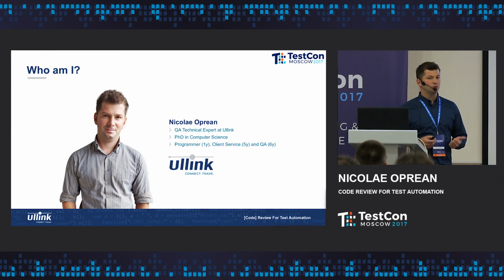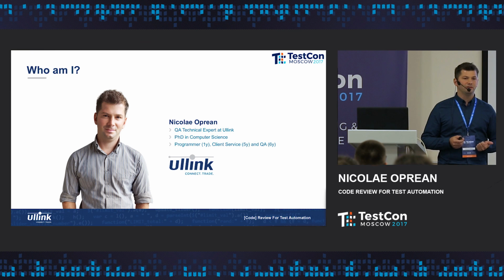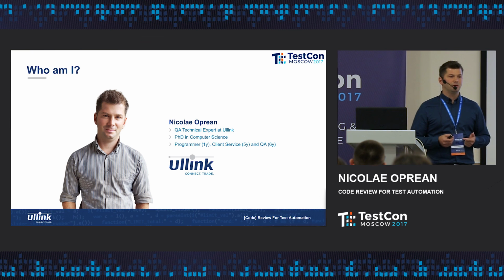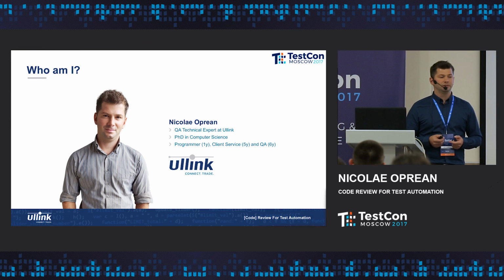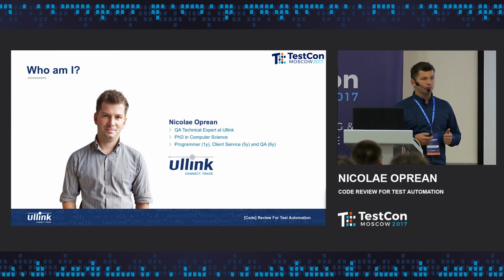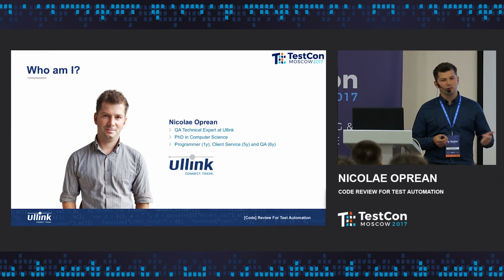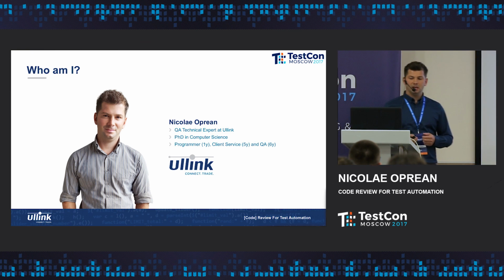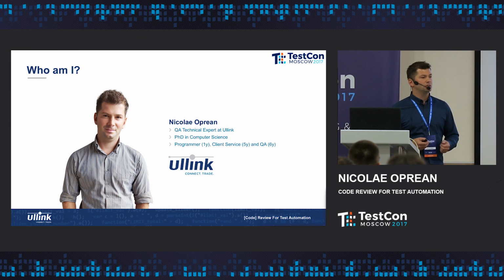Because you are doing also programming if you are involved in the automation. You are doing also client service if you are involved in validating client scenarios, and if you have bug reports from clients and you have to do ping pong with the clients and so on. The company I work for has over 500 employees around the world.